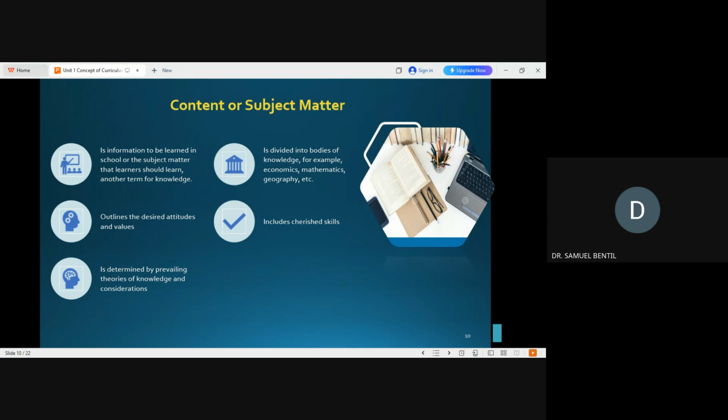Examples of content: economics is a content or subject matter, mathematics, geography, and at the university level, this course we are doing is an example of content. Curriculum studies in geography, earth science, geothought, they are all content or subject matter in the course we are reading.